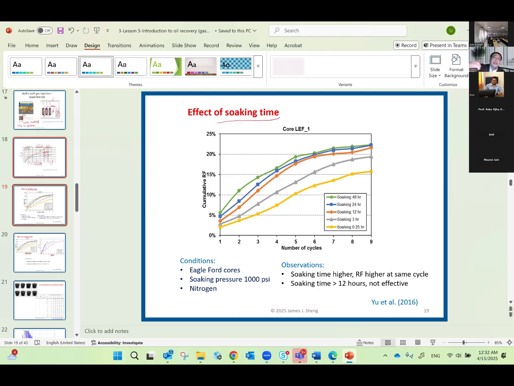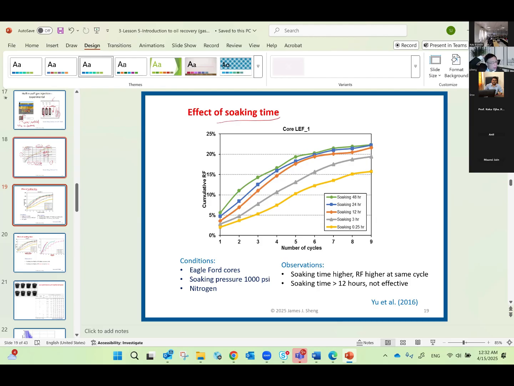If you lose some production or injection time, that means you lose some revenue, right? Therefore, it's easy to understand there may be some kind of optimum soaking time. Too long is not good. Too short, maybe not good.